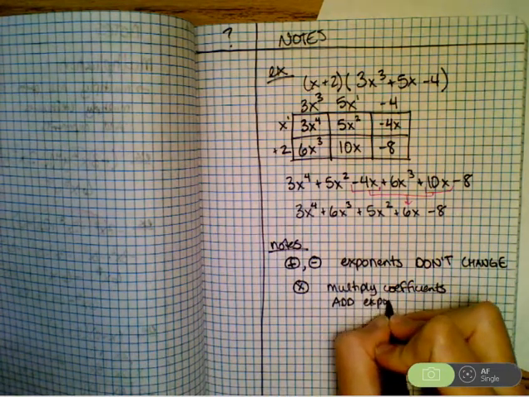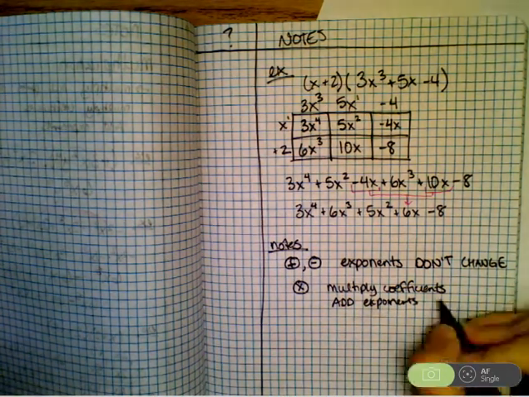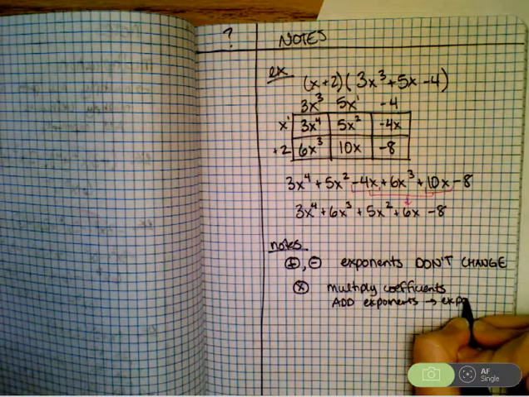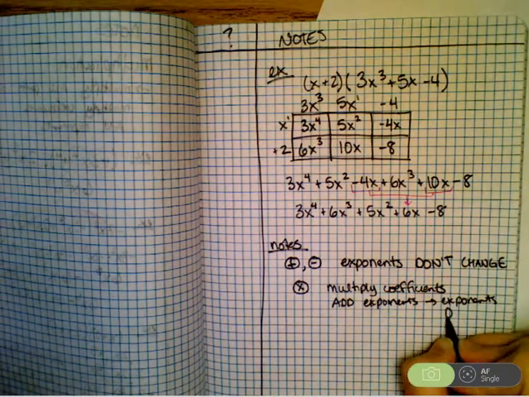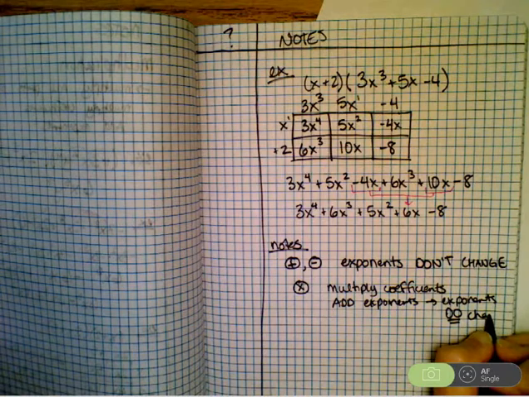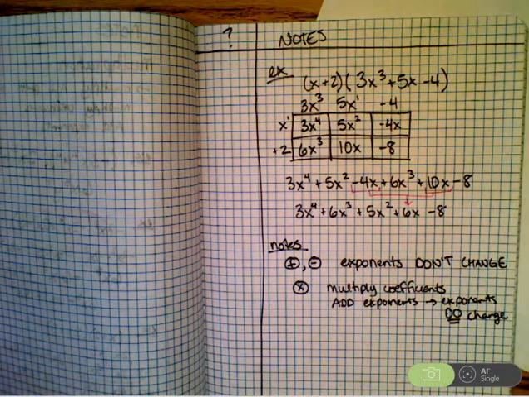So in these, the exponents do change. So exponents are only going to change when we're multiplying polynomials, never when we're adding or subtracting. Hopefully that's a helpful little tip.